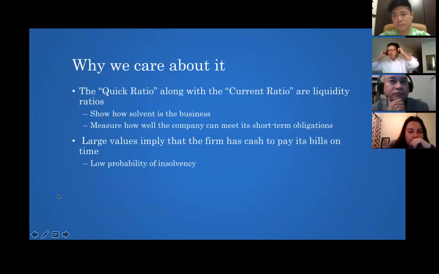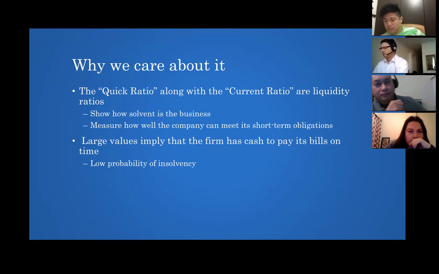All right, so why do we care about calculating the quick ratio? Both the quick ratio and the current ratio are liquidity ratios. What that means is they show how solvent the business is, and also measure how well the company can meet its short-term obligations.